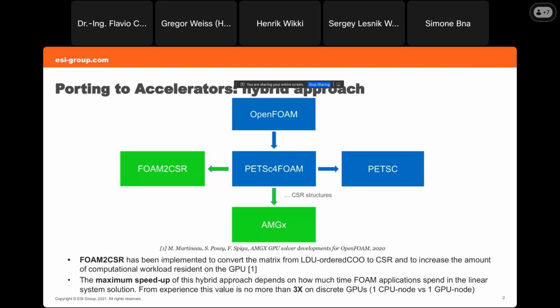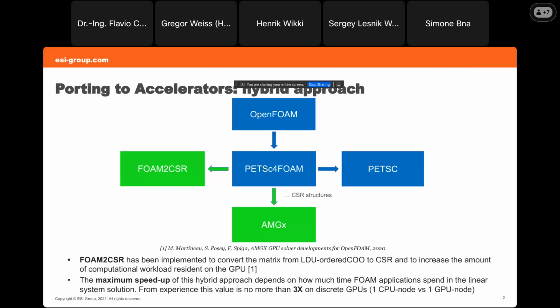But if it converges very fast in a few iterations, the overhead of conversion and offloading the matrices to GPUs in some way overcomes the advantage of solving on the GPUs.